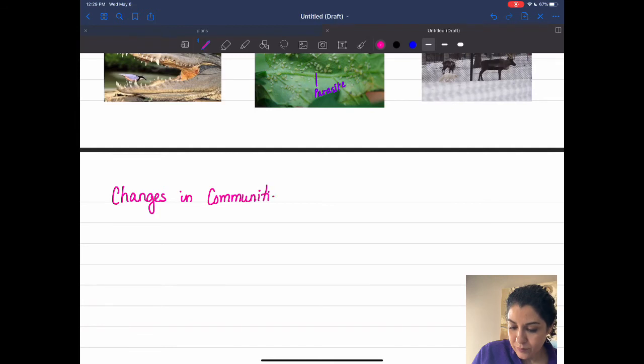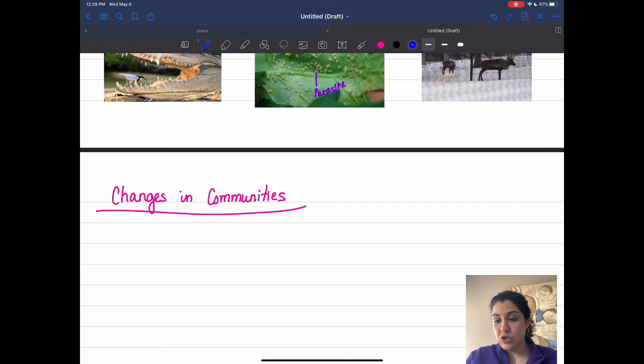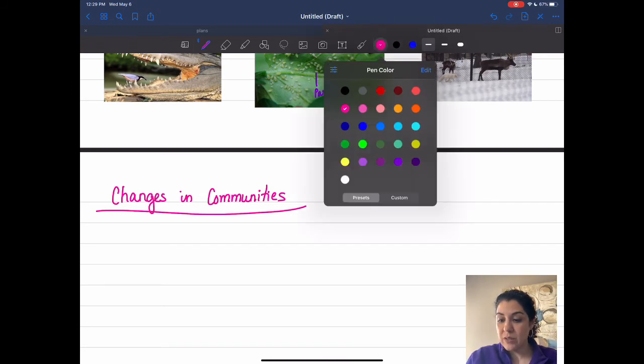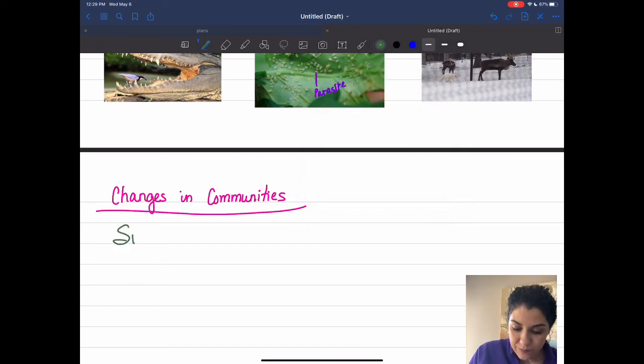And the way that communities change over time in an environment has a term. It's called succession.